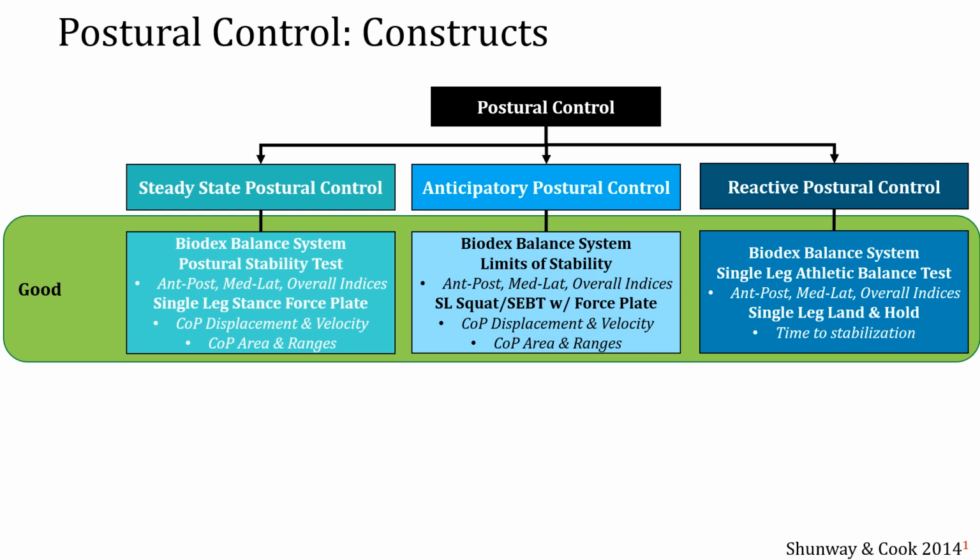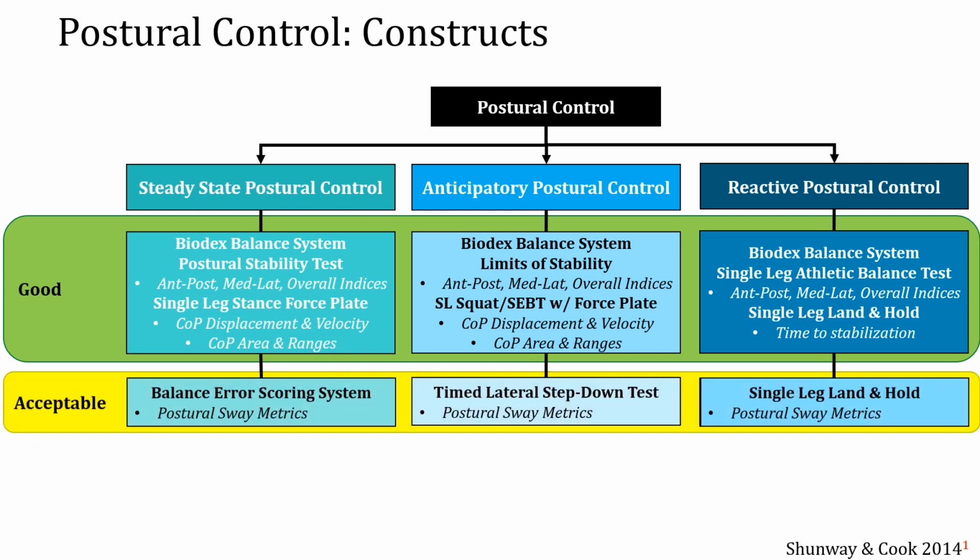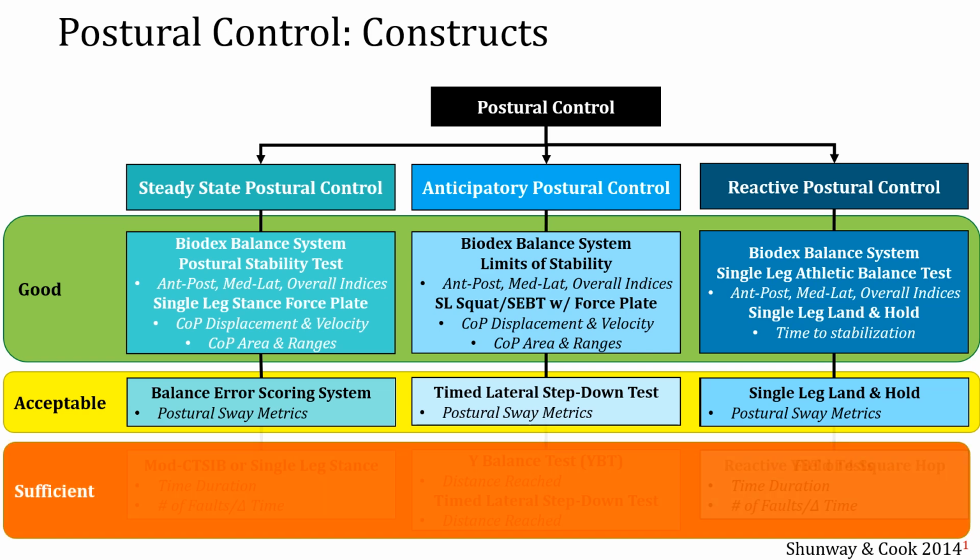The acceptable categories would be your balance error scoring system with postural sway metrics added on rather than just the errors themselves. Time lateral step down, again with postural sway metrics, would be recommended. And then the single leg land and hold with postural sway metrics also included.